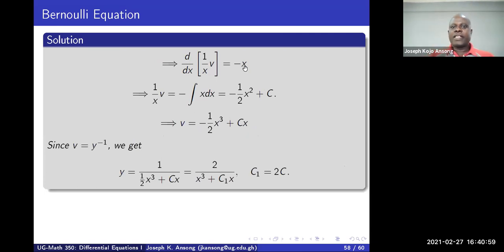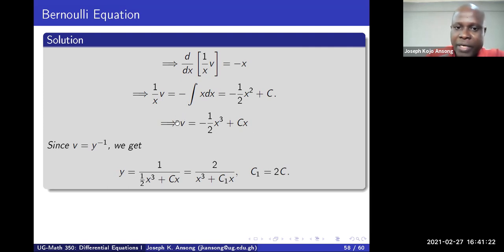That is why I have negative x here. So now you can just integrate both sides. If you do, you're going to have 1 over x times v is equal to minus the integral of x dx, and that is negative 1 over 2 x squared plus a constant c. Multiplied through by x, you have v is equal to minus 1 over 2 x cubed, plus cx.